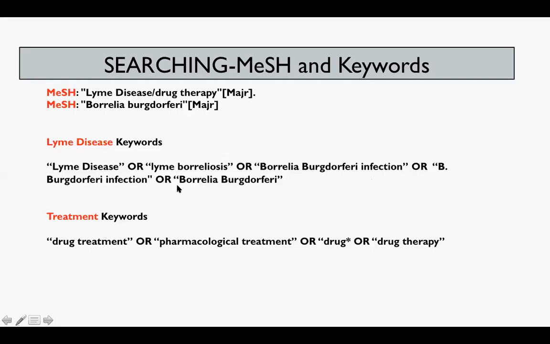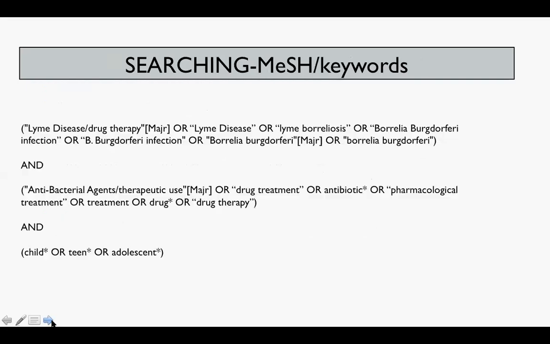So you just keep building. This is what it ended up looking like. I could probably even add more. The family of Lyme disease, all ORed together, ANDed with the family of pharmacological treatments, ANDed with my age, which could also be a filter. Now let's go into PubMed.